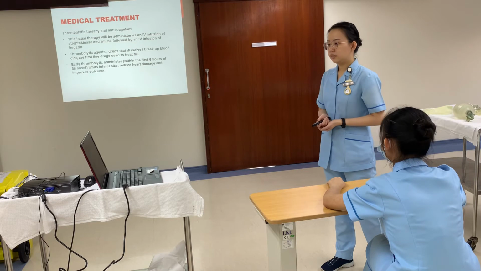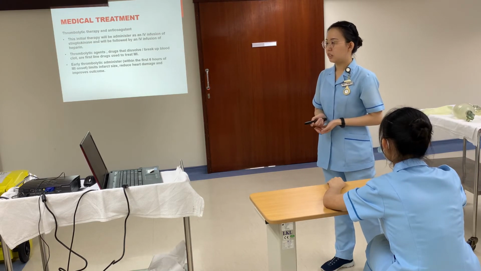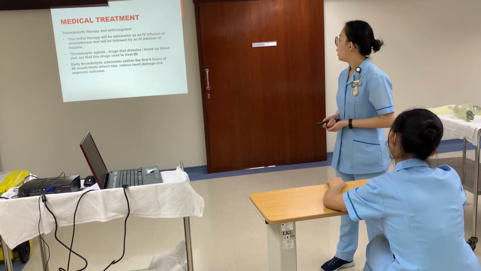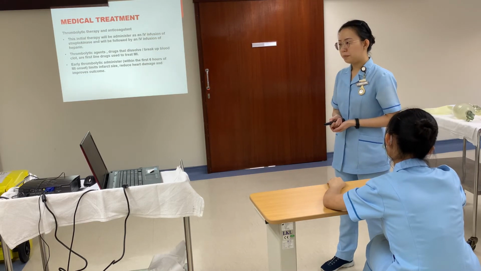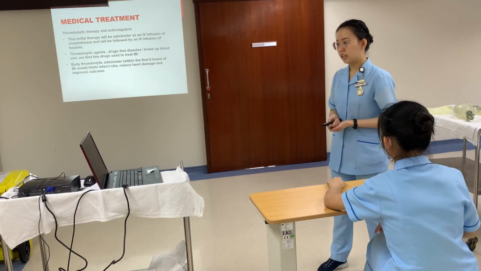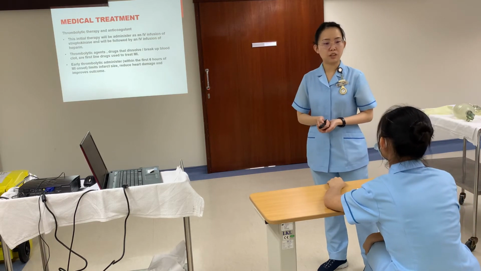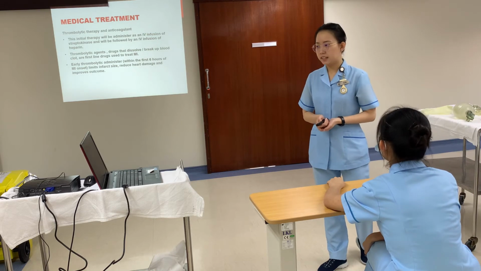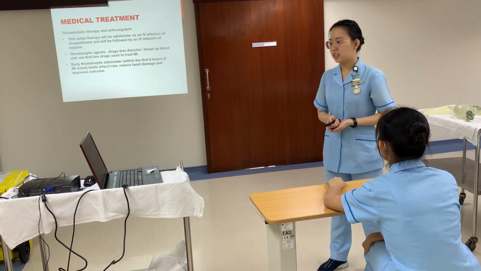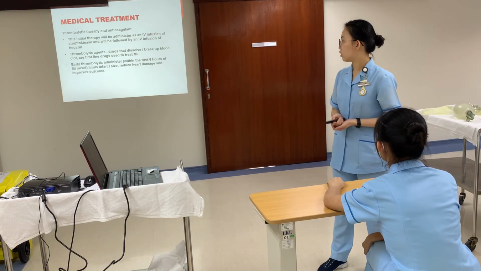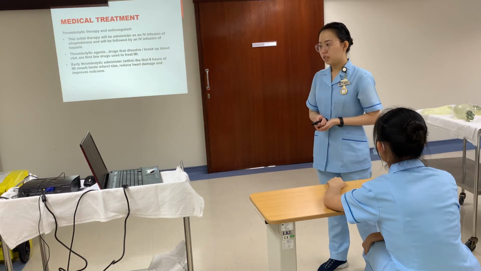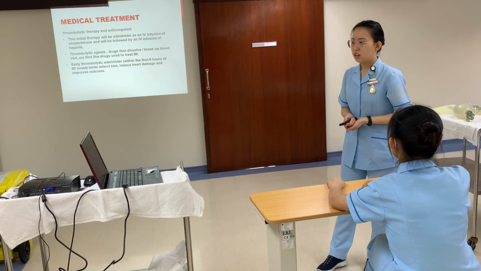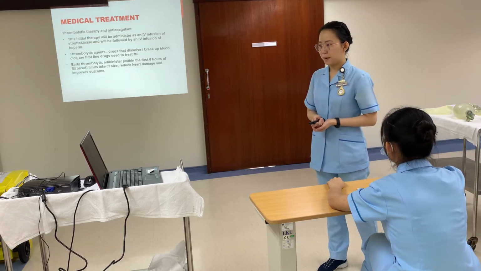So the medical treatment for MI is thrombolytic therapy and anticoagulant. This initial therapy will be administered as an IV infusion of streptokinase and will be followed by an infusion of heparin. A thrombolytic agent is a drug that dissolves or breaks down blood clots, and it is the first line treatment for MI.